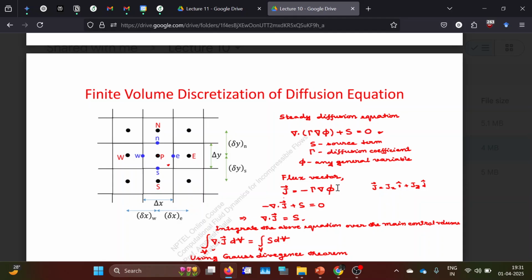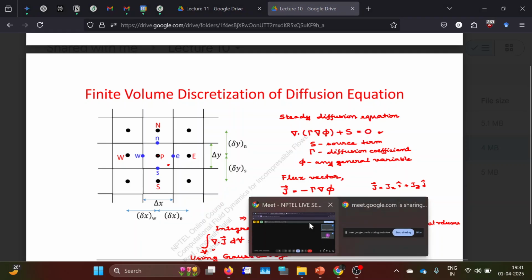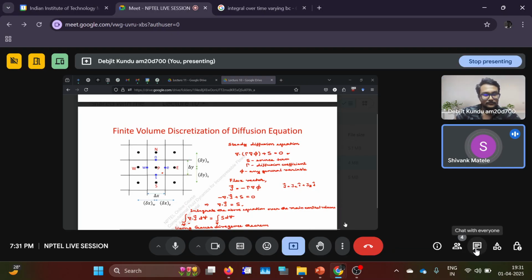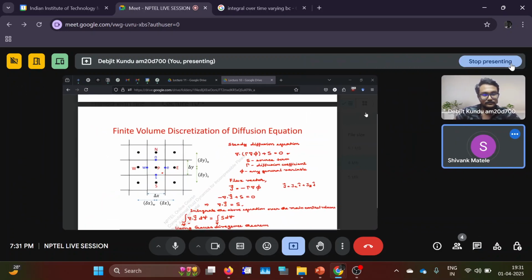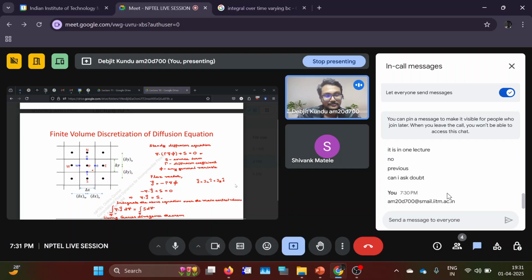If I get any doubt in that, then I can ask through this email ID. Sure. It is Gmail, right? No, it's my student email ID from IIT Madras. I think it is correct. You don't have to change anything.